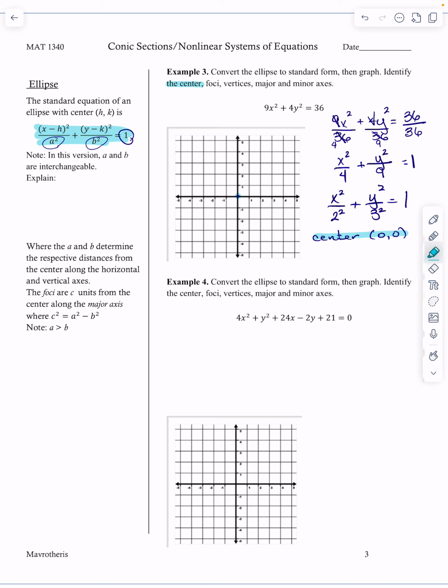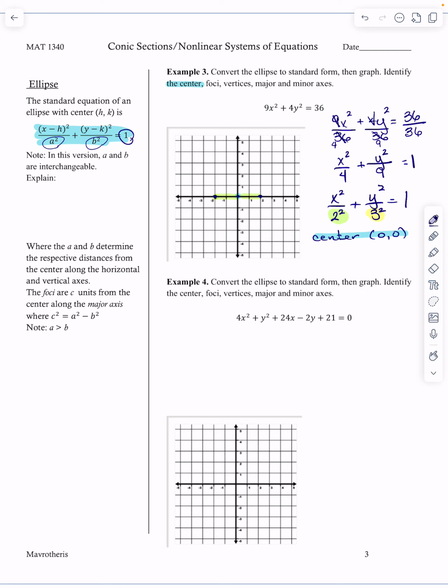Okay. So we are going to take a look at what we have under the x, this 2 squared. The a tells us how far we go to the left and to the right of our center. So it's x squared over 2 squared. I'm going 2 to the right, 2 to the left. These are our vertices. Underneath our y, we've got the 3 squared.